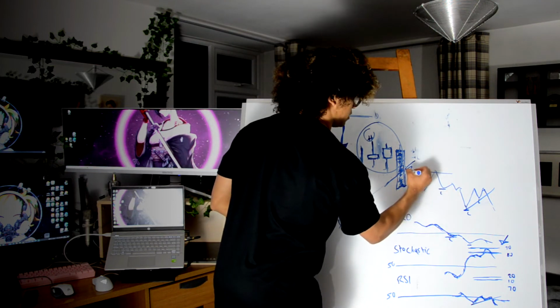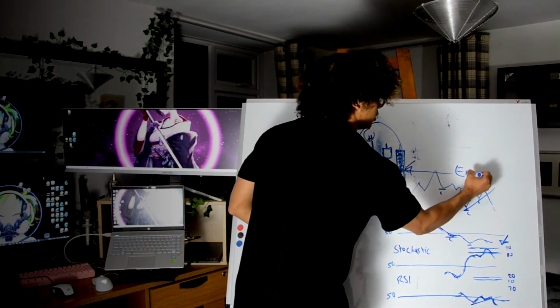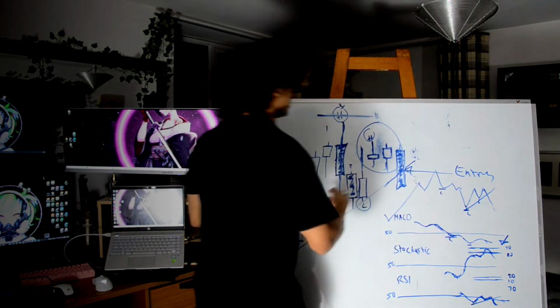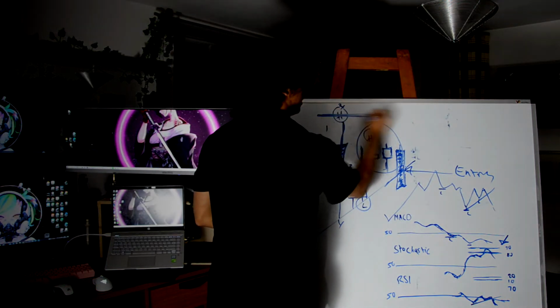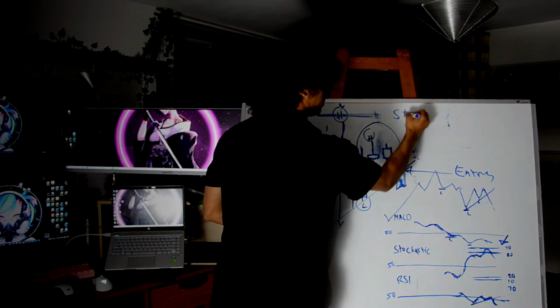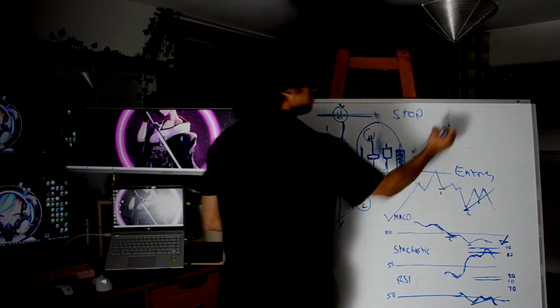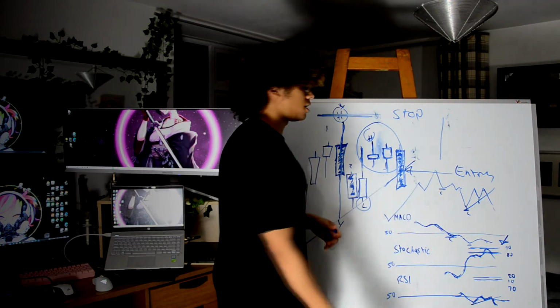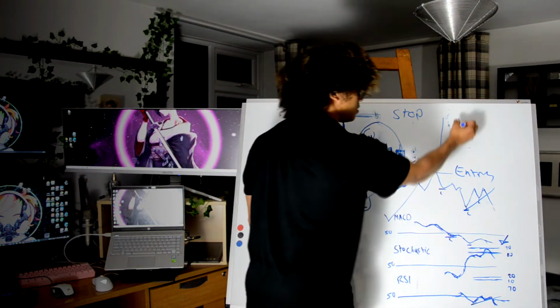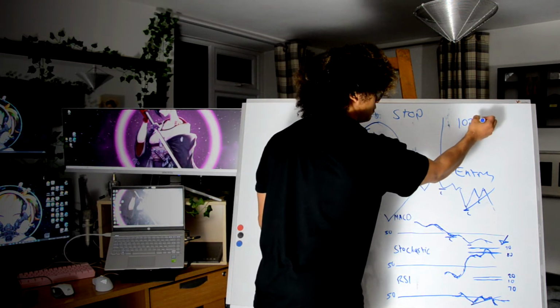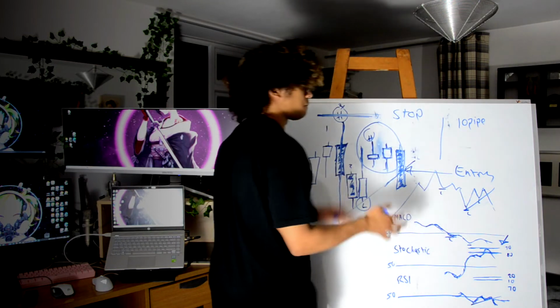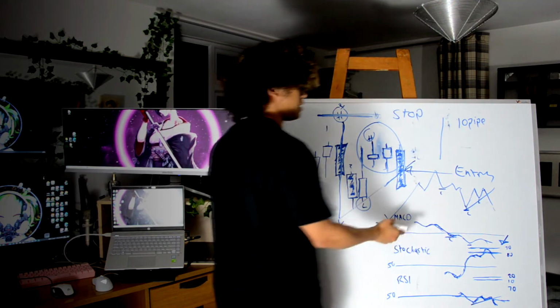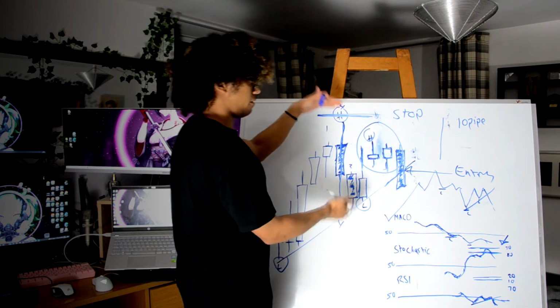This is your entry, and this here is your stop. And the pip value between here, say 10 pips, boom, boom, like that, that's your risk, and then your reward is this.